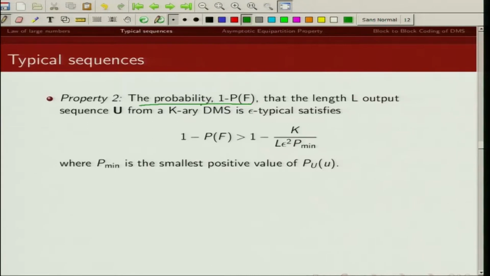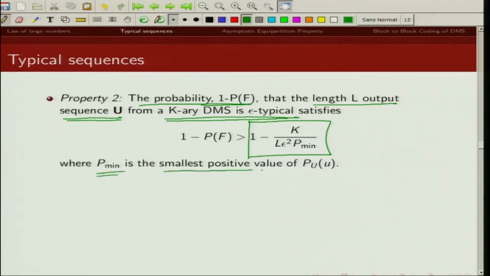The probability 1 minus P_f that a length L output sequence coming out from a discrete memoryless source is an epsilon typical sequence is lower bounded by this quantity: 1 minus K divided by L epsilon square P minimum, where P minimum is the smallest positive value of P of u. So let us prove this.